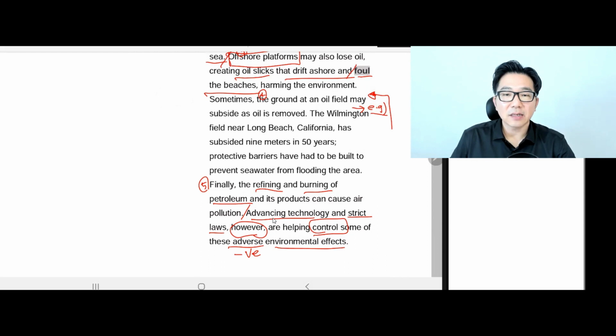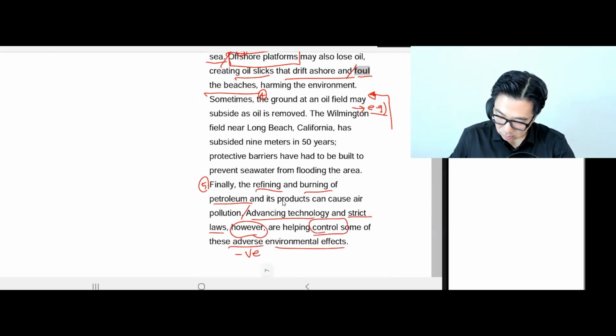So advancing technology to purify, clarify, make something safer. And the laws. So you cannot do this, you cannot dump this, that kind of thing can help control. So hopefully lessen the negative environmental effects, but they cannot prevent it, right?